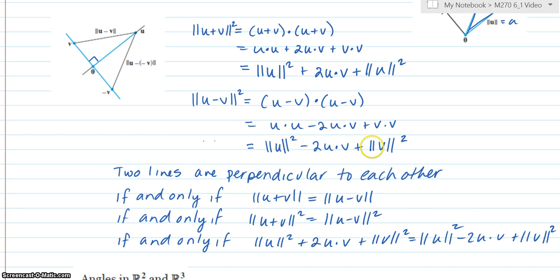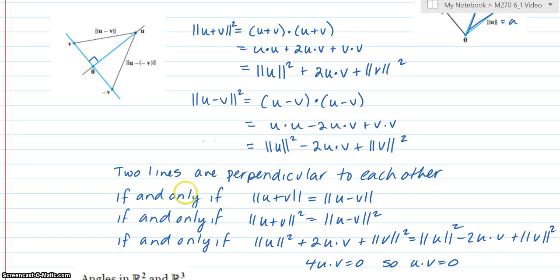And we found the distance of those, and I did notice a mistake here. This was supposed to be a v. And then we end up crossing everything else out, bringing this over. We get 4u dot v is equal to 0, so u dot v is equal to 0.